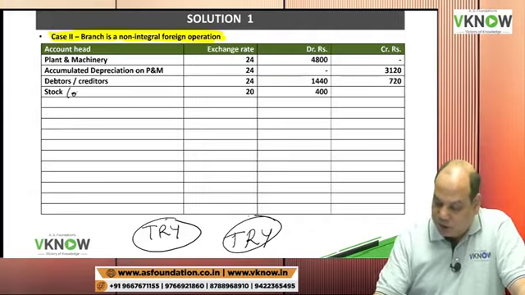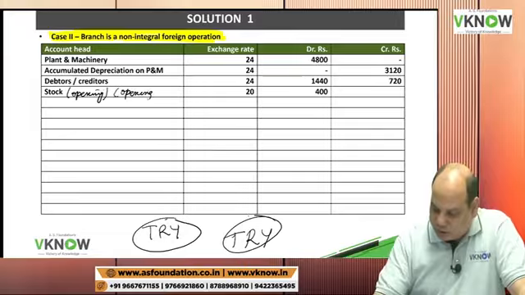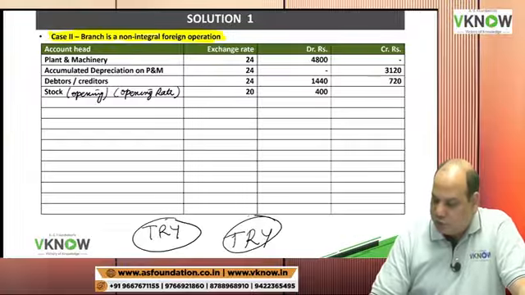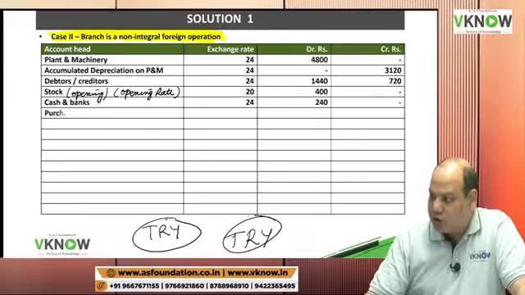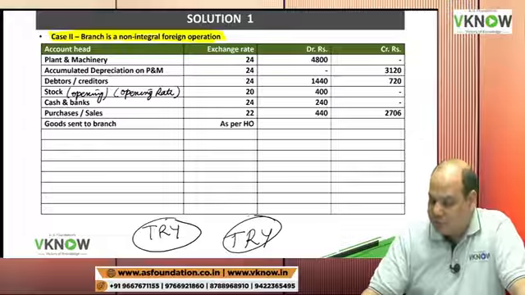Of course, opening stock will be at opening rate only, because this was on the opening date, not at the closing date. Cash and bank at closing rate. Check the calculation, it is same. Just copy from the previous answer.